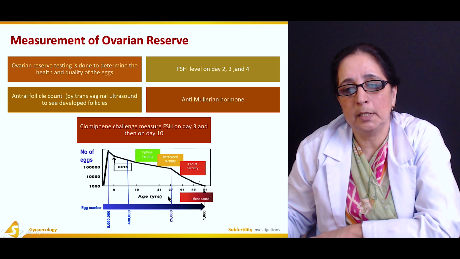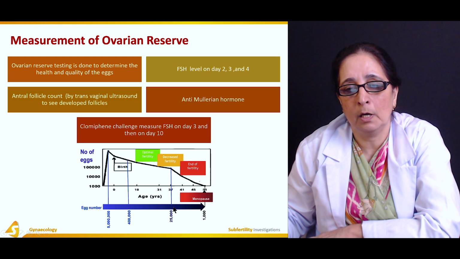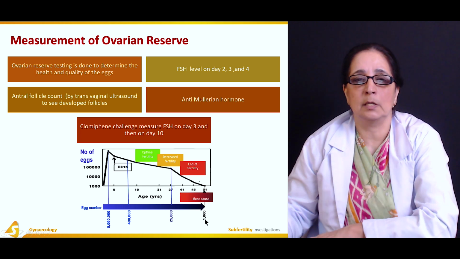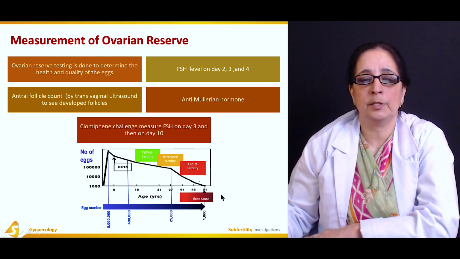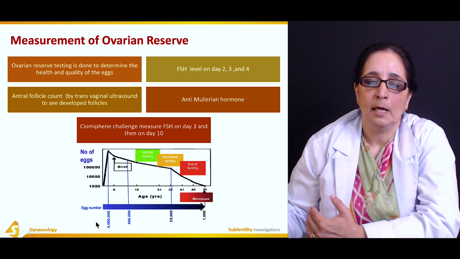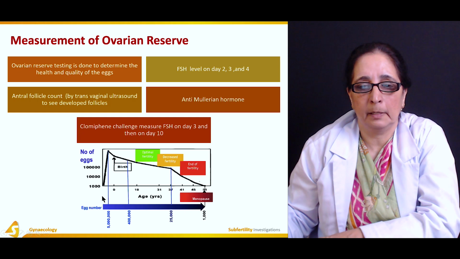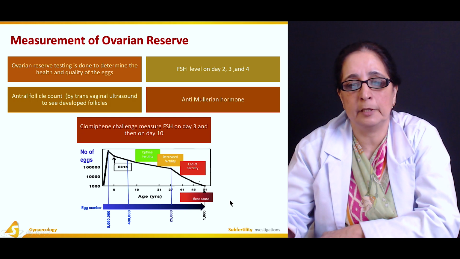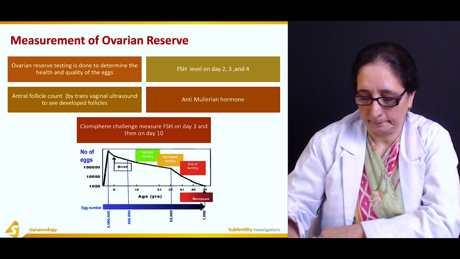So by about 37 years of age, there are 25,000 eggs, and by the age of menopause there are only 1,000 eggs left. So ovarian reserve testing helps us to find out the number of eggs available, so we can find out how effective the further treatment of infertility will be, in which IUI and IVF can be done.